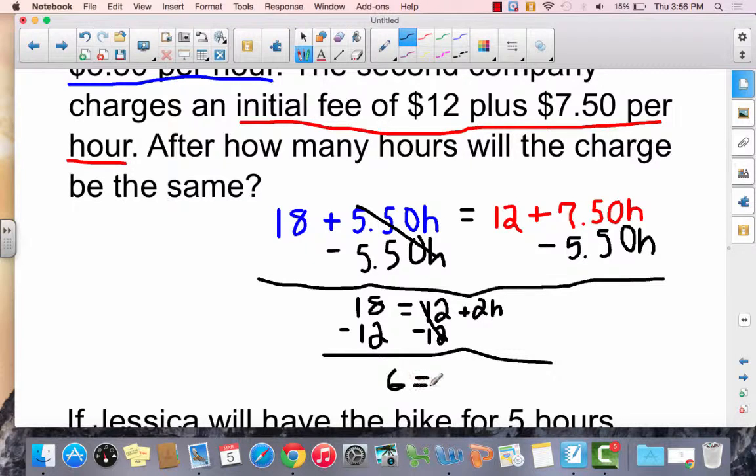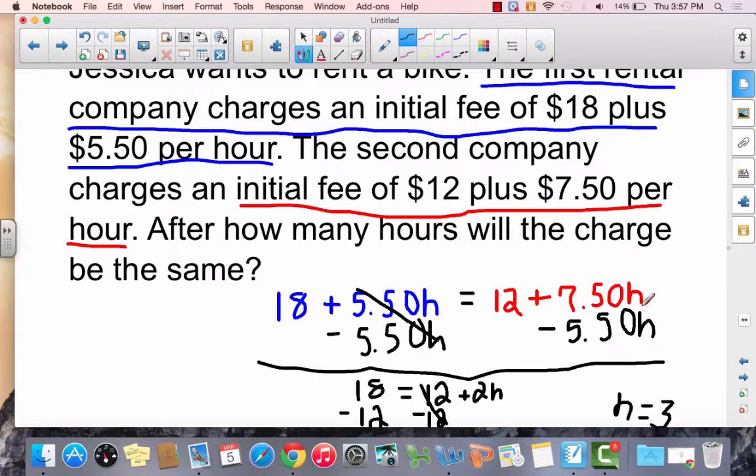And my final step to solve for h, I would divide both sides by 2. And 6 divided by 2 tells me that h equals 3. So in the context of the problem, that means that if Jessica were to rent a bike for 3 hours, it would not matter which one she chose because she would pay the same price.